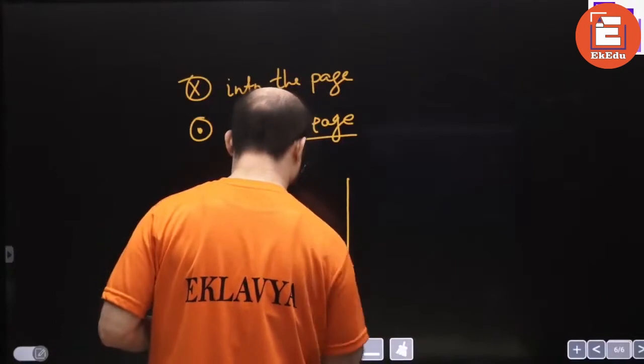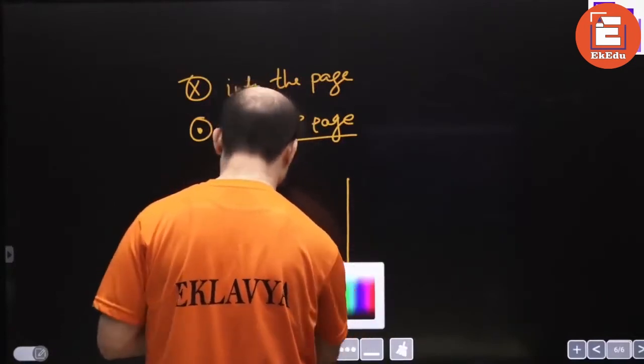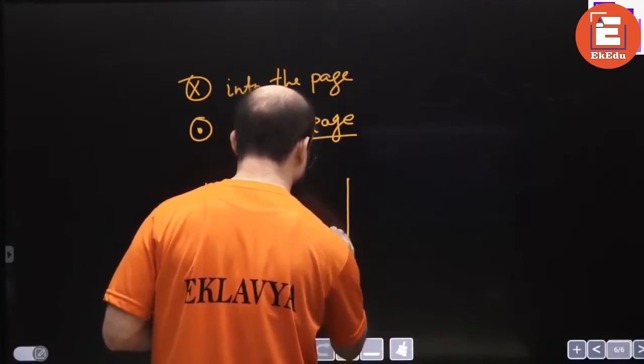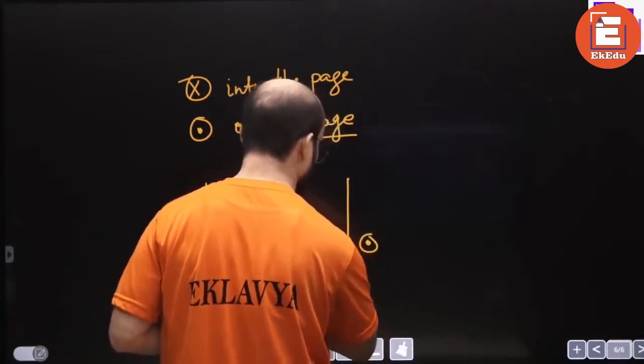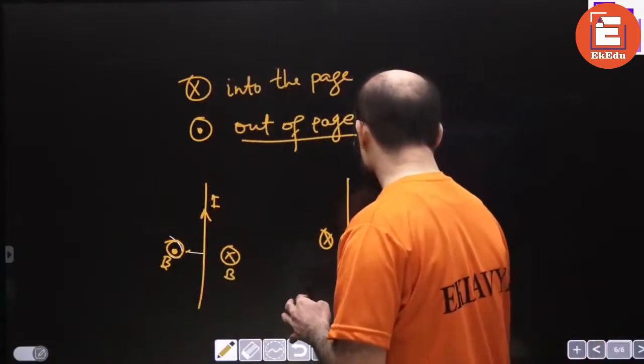So this is into the page. If the direction of current is reversed, then this is into the page and this is out of the page. Okay? So we need to understand this.